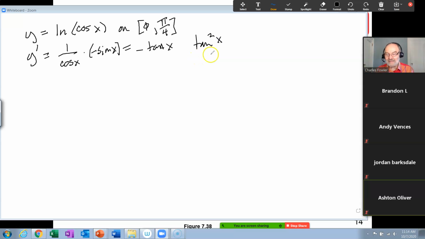That's not too bad. Okay, then what do we do with that squared? We add 1 to it. All right. Well, what is tangent squared plus 1? From your Pythagorean identities back in trig, I hope you remember well, tangent squared x plus 1 is secant squared x.